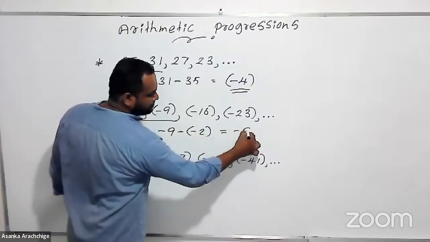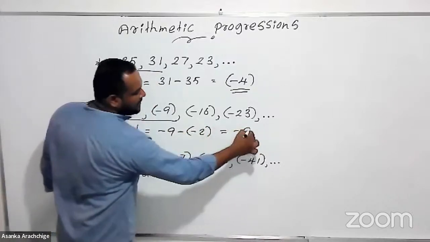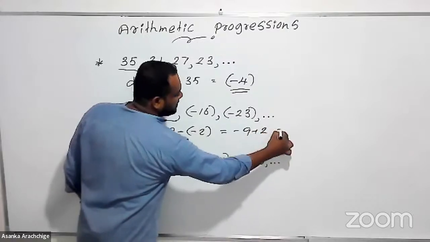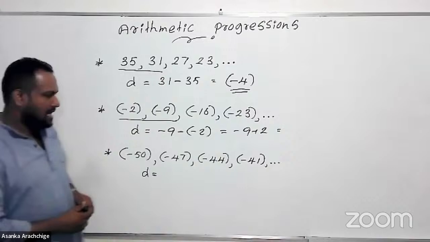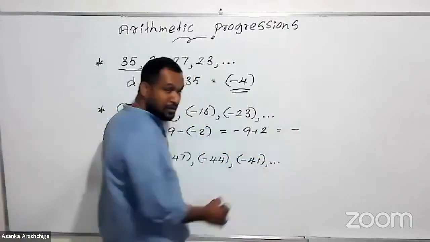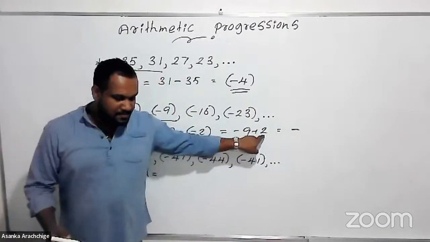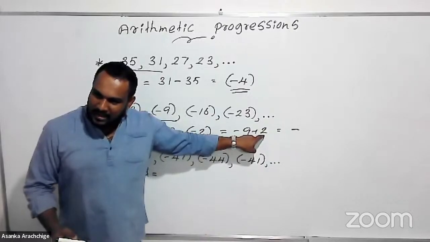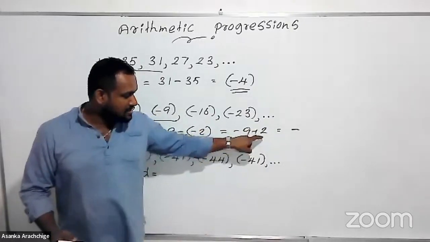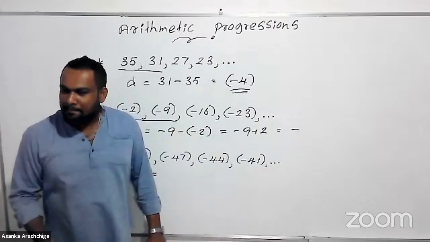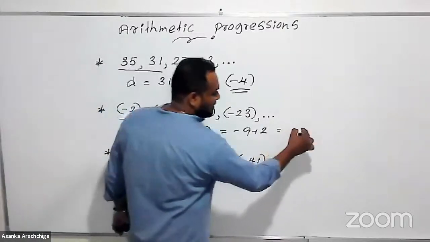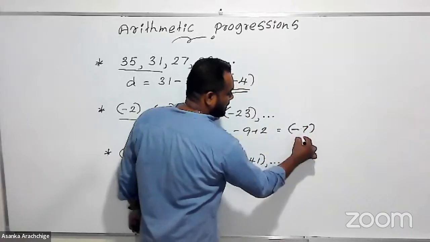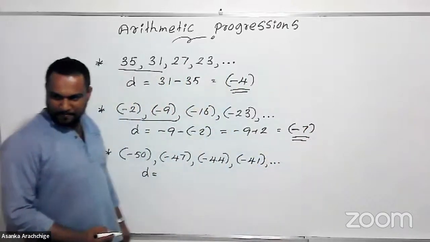Minus 9 minus into minus plus 2. Now what is the sign? Plus or minus? Minus, because again 9 is bigger than 2. Then by how much is 9 bigger than 2? By 7. Answer, the common difference is minus 7.